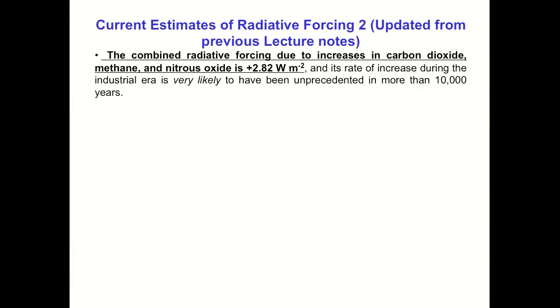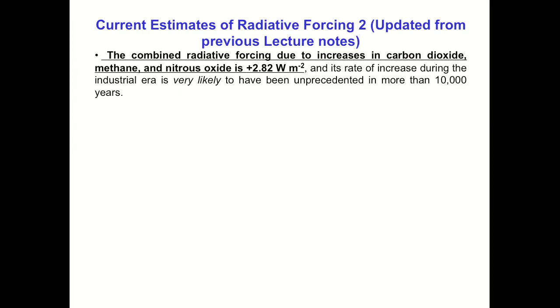So what I'd like you to do in your own time is to go through these notes, which just summarize some of those values for radiative forcing for the different components. Some of these have been updated from the previous lecture notes, but always refer back to that previous graph for the actual numbers, because some of them may not have been. So remember, radiative forcing due to carbon dioxide, methane and nitrous oxide is roughly 2.82 watts per meter squared.